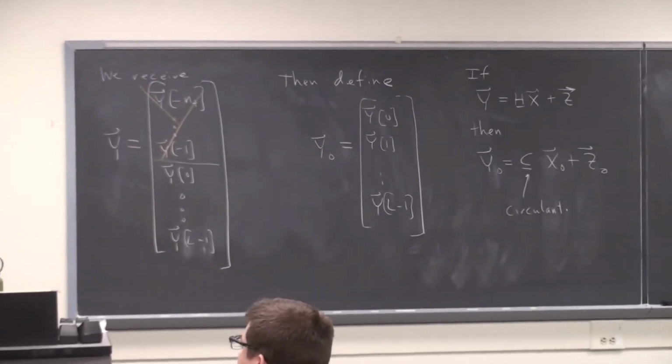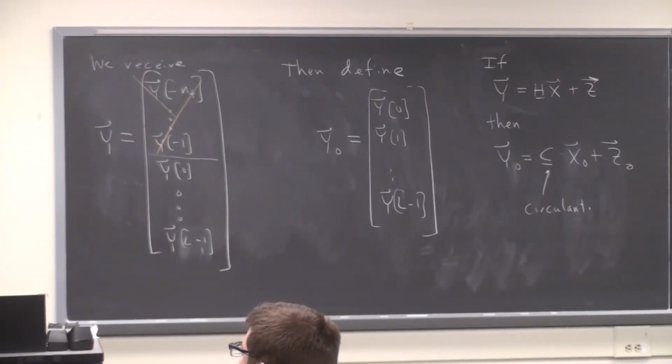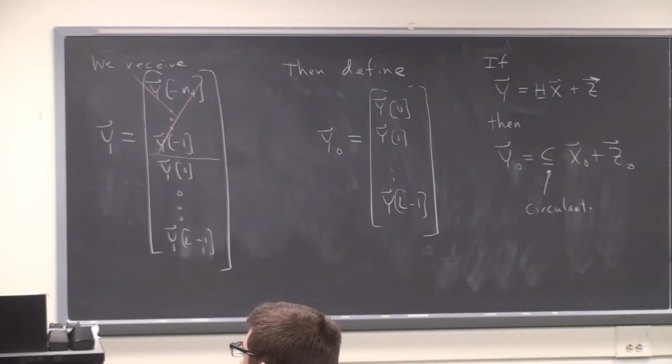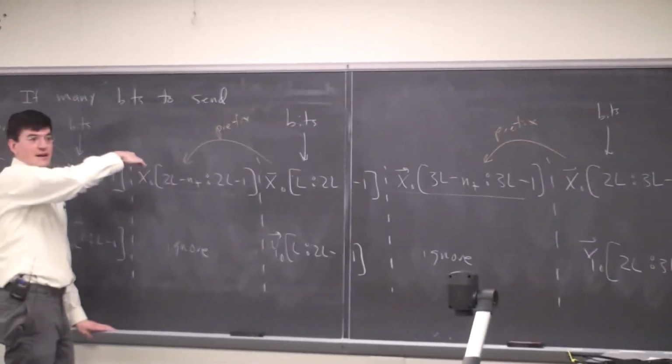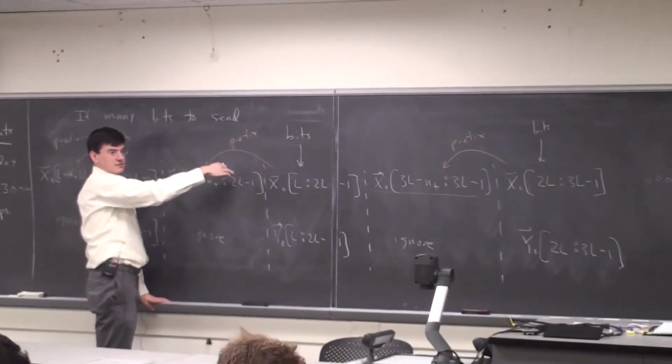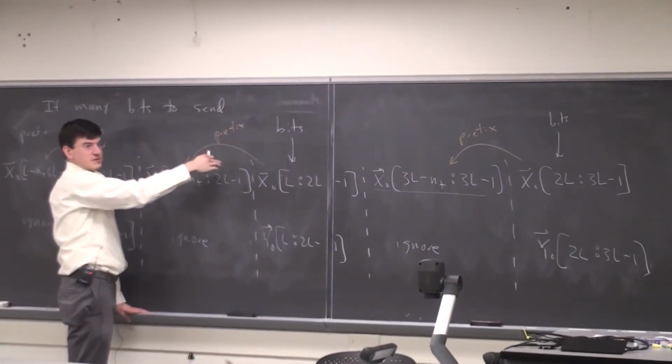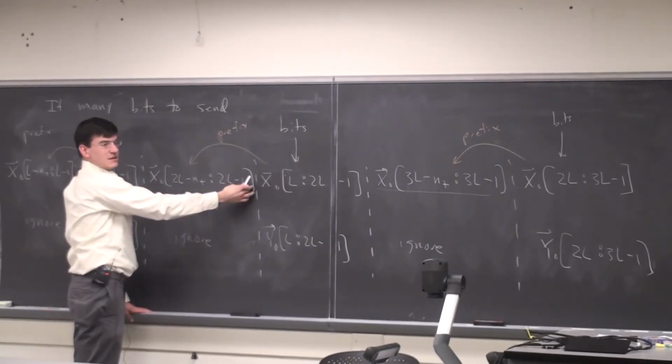A nice little side effect is that when you send an impulse right at the end of this block, the channel is going to be excited by that. It'll be responding to that for a while, n plus samples. At the end of n plus samples, it's done.